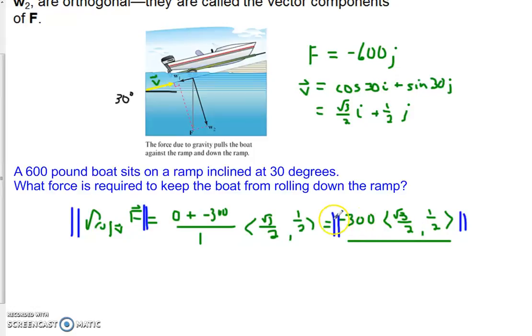And I could take the magnitude of the scalar times the magnitude of the vector and come up with the same answer. So we're going to break that up. The magnitude of negative 300 is just its absolute value. It's positive, which is 300. And we already discussed earlier that the magnitude of this vector, which is a unit vector, is 1. So I find out my answer is 300. And I've got 300 pounds of force it's going to need to take this.